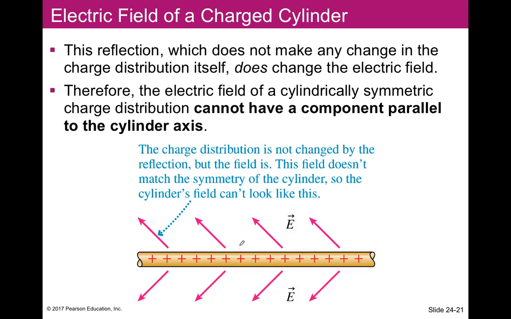It has to be perpendicular to the axis of your cylinder. Only in that way can you do a reflection at any cutting plane without affecting the distribution of the field lines.